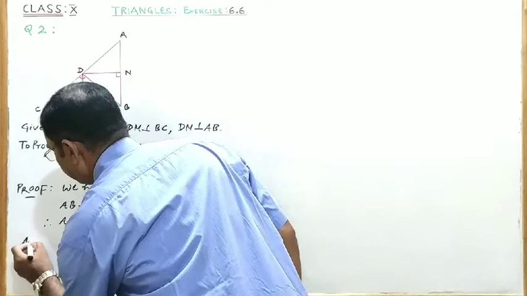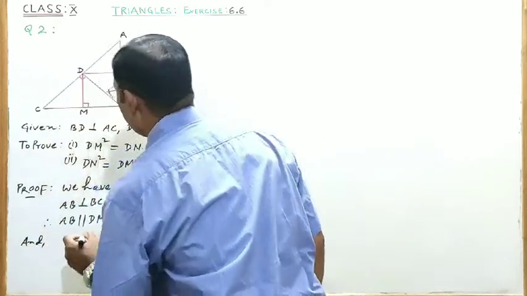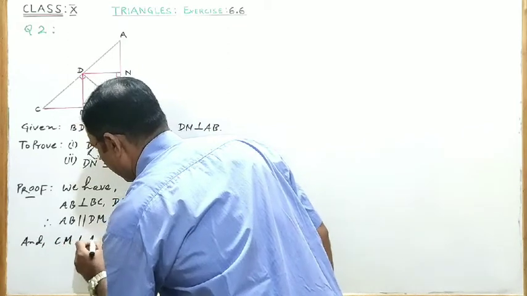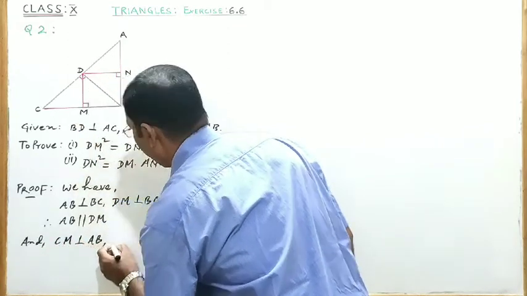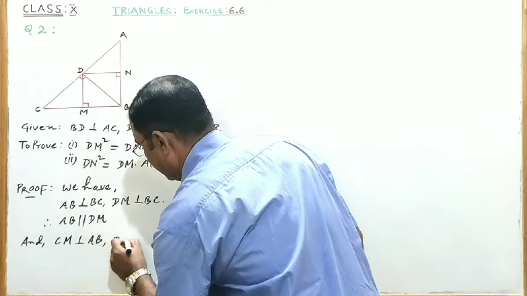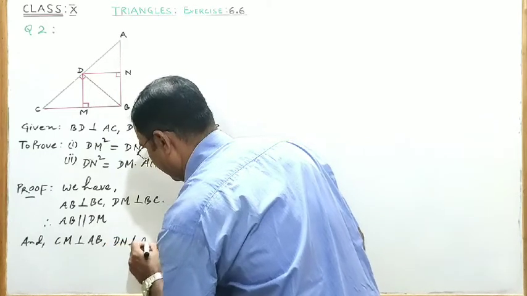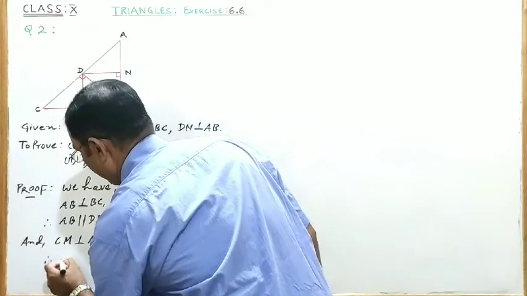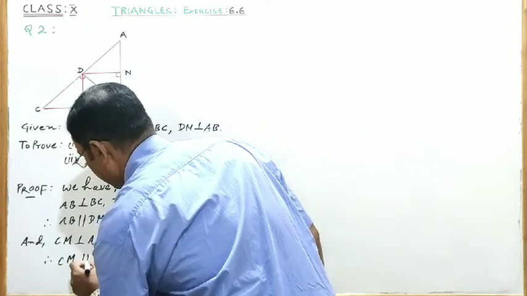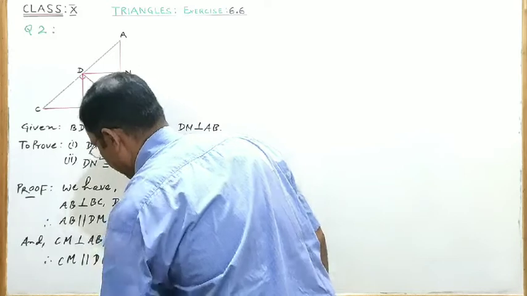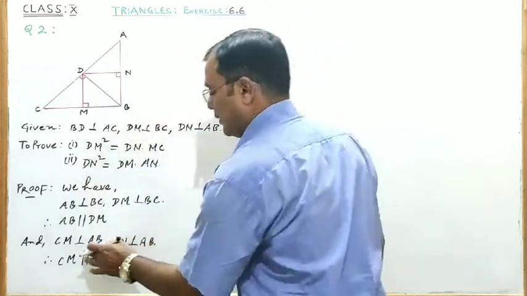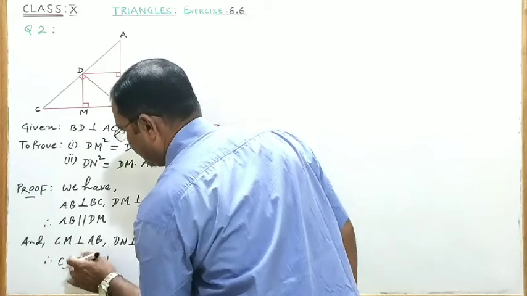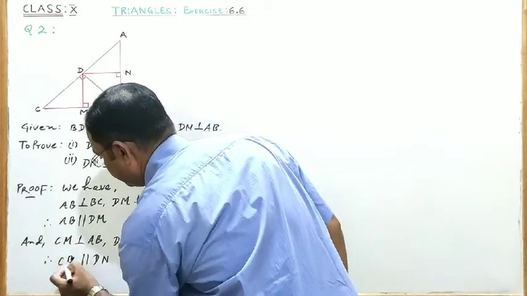And CB is perpendicular to AB and DN is also perpendicular to AB. Therefore, CB is parallel to DN because lines perpendicular to the same line are parallel to one another.